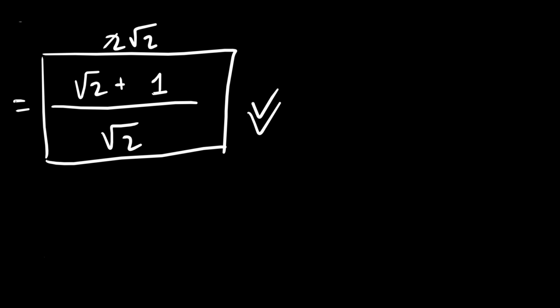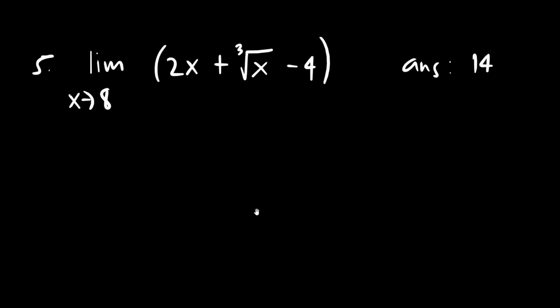So let's proceed to number 5. Let's answer number 5. So limit of 2x plus cube root of x minus 4 as x approaches 8. So we'll distribute limits to each of the terms.